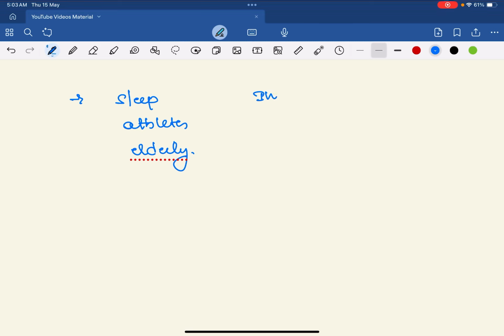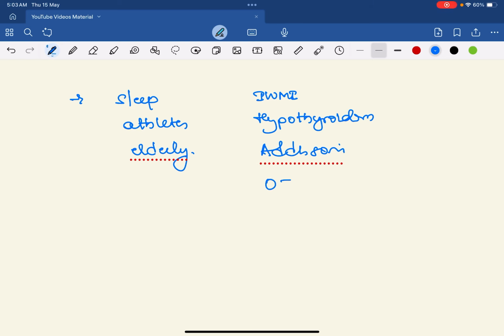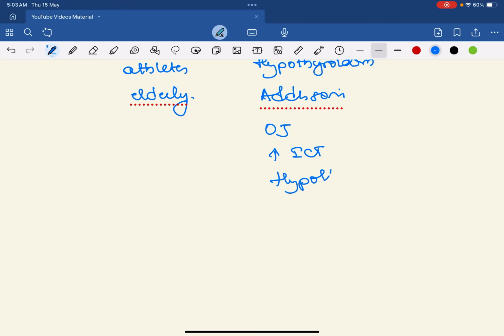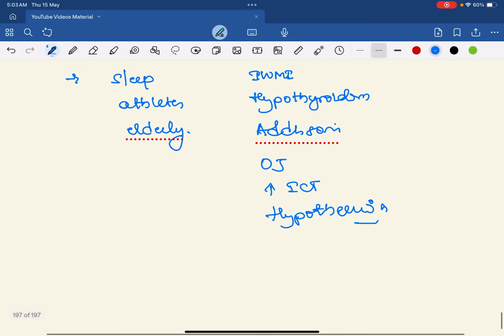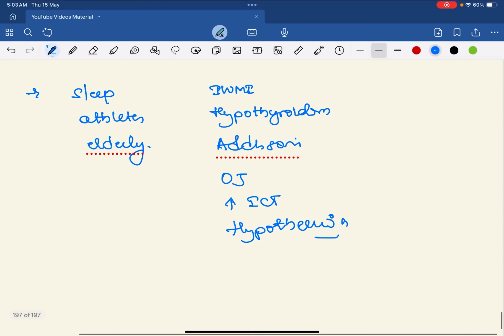One is inferior wall MI, then endocrine causes like hypothyroidism and Addison's disease. Then obstructive jaundice, raised intracranial tension (ICT), and hypothermia. So these are the abnormal conditions that present with bradycardia.